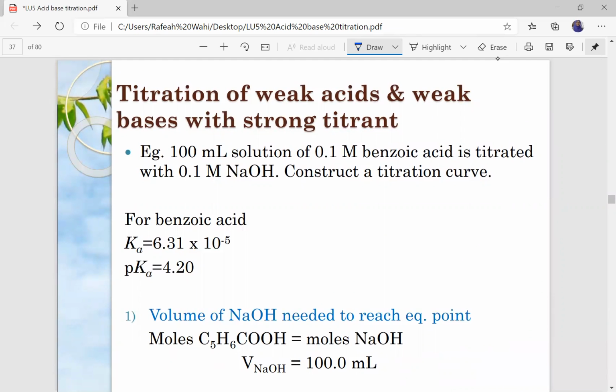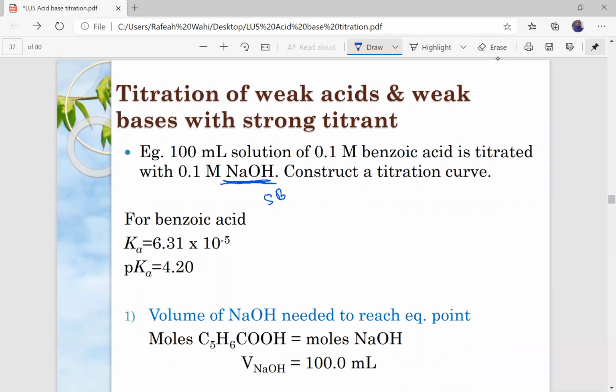Is it case 1, titration between strong acid and strong base? Or case 2, titration between weak acid and strong base? Or case 3, titration between weak base and strong acid? In this case, it is obviously known from the question that this is a strong base.